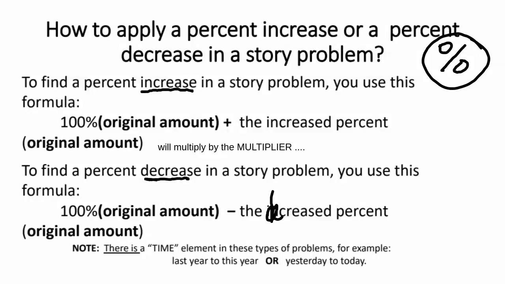Okay. Now, these particular problems can have a time element to it. But be careful. You've got to have this symbol in the story problem. Now, if we don't have that symbol, there's a different way to solve it. And we will be talking about that shortly.